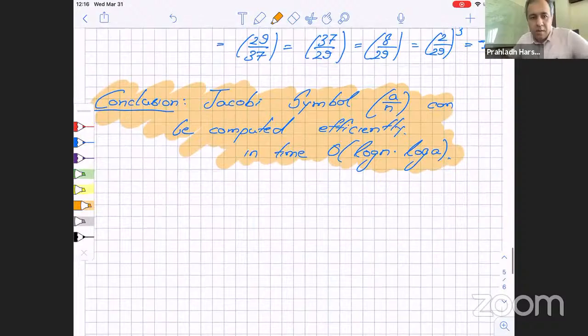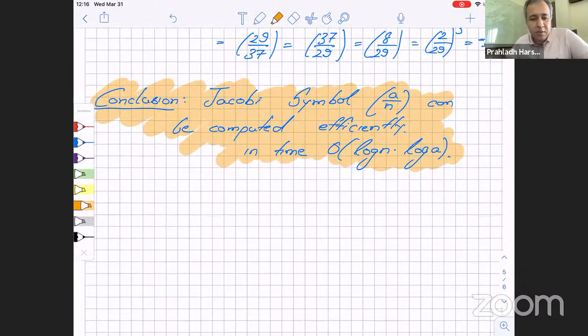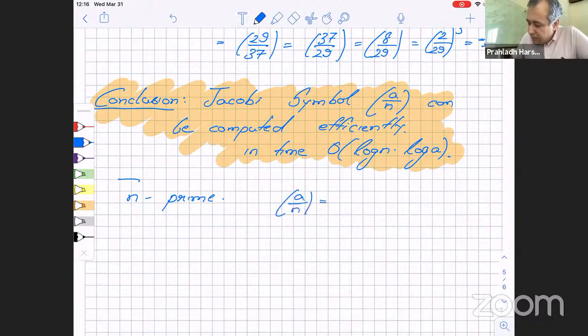Now, given this, the Jacobi symbol has an efficient way of being computed. But we know if n is prime, then a by n is actually equal to a power (n minus 1) by 2 mod n.